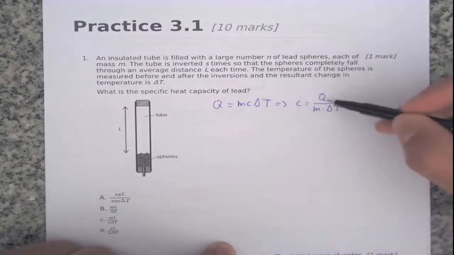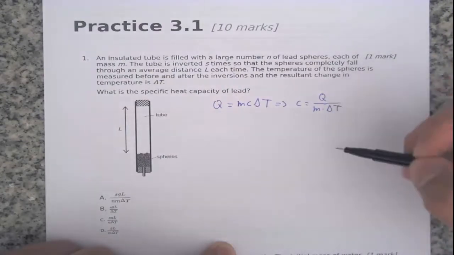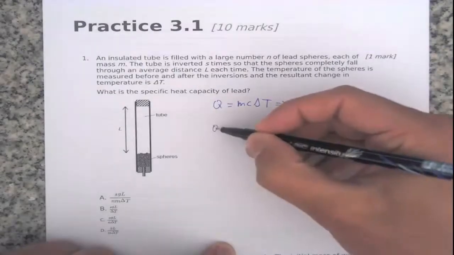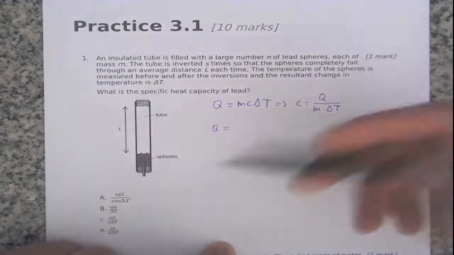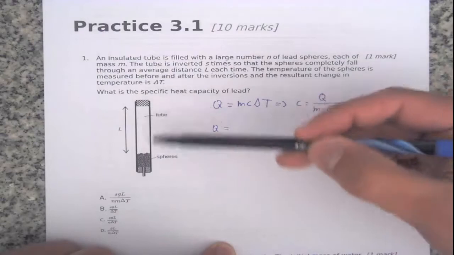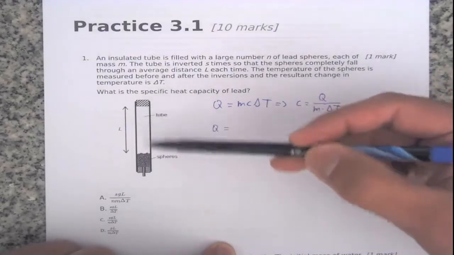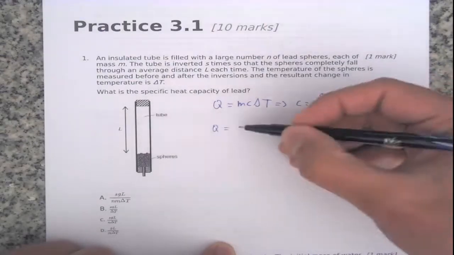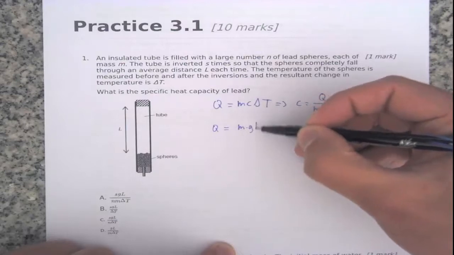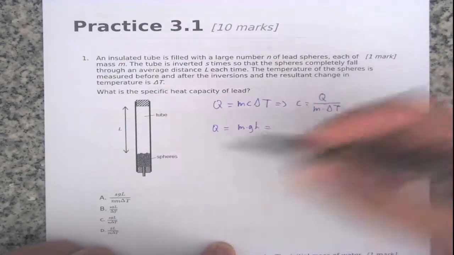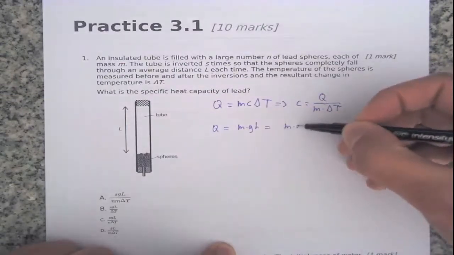Now we need to figure out how much this thermal energy transfer is. The thermal energy transfer is going to come from the change of the potential energy of these spheres falling through this distance L. So it's going to be mgh, as we already know. And specific for this situation, we have mgL.